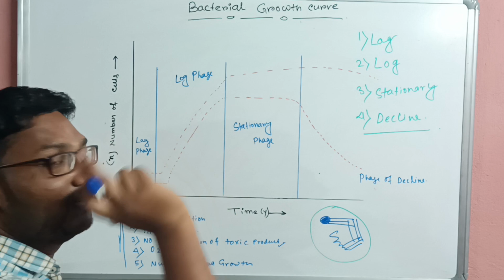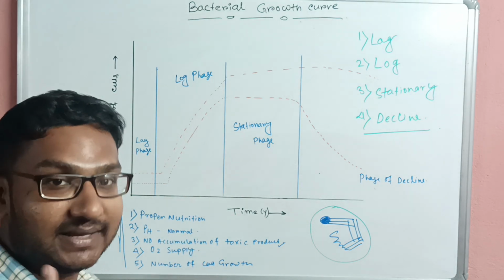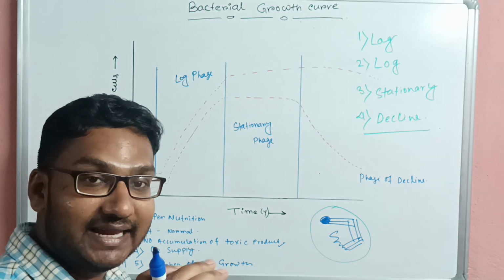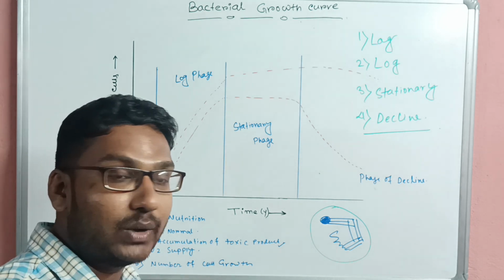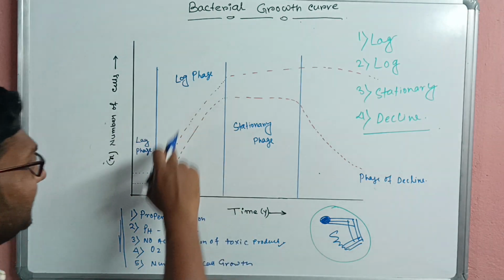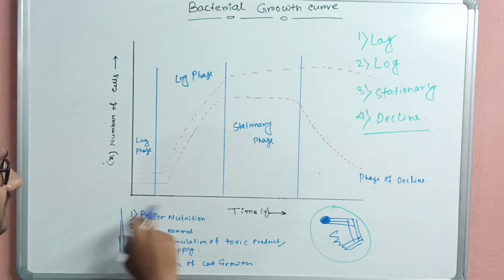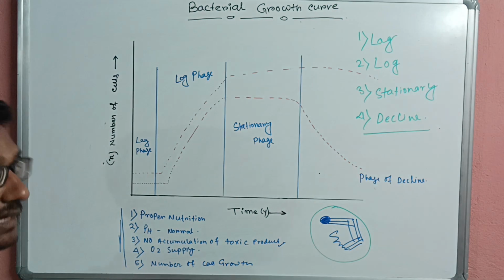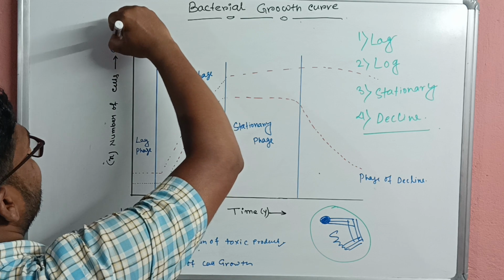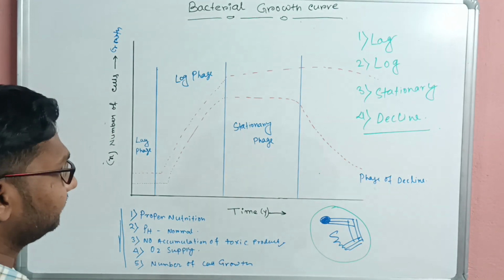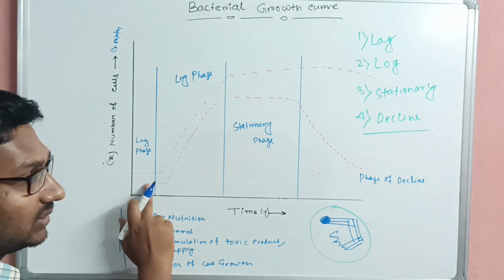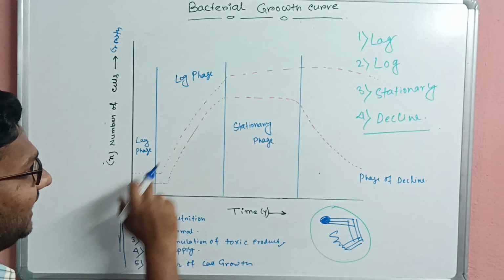So that phase is called the lag phase. In the lag phase, bacteria will never grow. It will take some time to adapt to the nature of the media. So here we see, with respect to time, according to the growth factor, this one is the lag phase. No growth is seen.